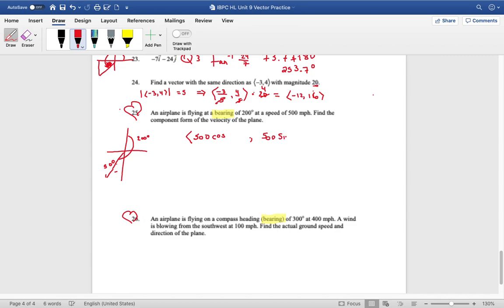Because in this definition, the angle that you need is theta. So well, what's theta? That's 90. And how's that? That's 10 more. So isn't this negative 110 degrees?